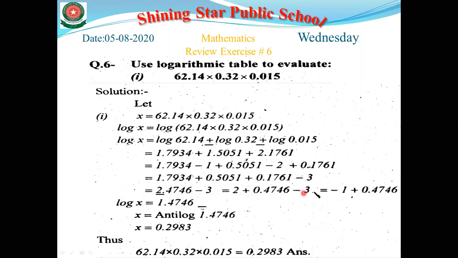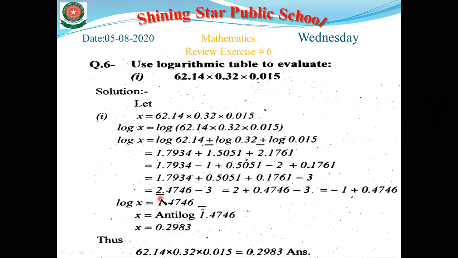So it will give you minus 1 plus 0.4746. When we have minus in the characteristic, we write 1 bar .4746, bar on 1.